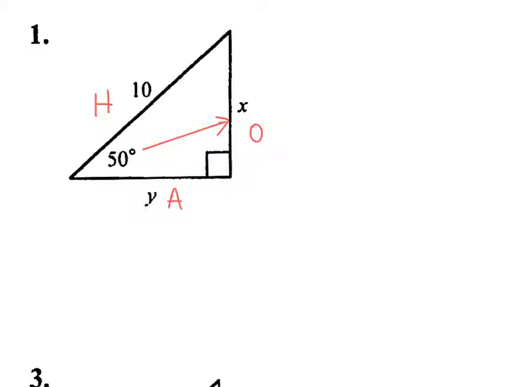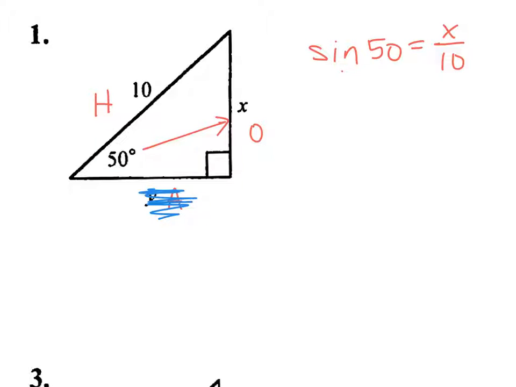When we go to solve for x, we're going to ignore the y for right now, so I'm just going to cross it out, and then I'll put it back in. What trig function would use O and H? So therefore we're going to do sine of 50 degrees is equal to the opposite x over the hypotenuse 10. Any problems there?